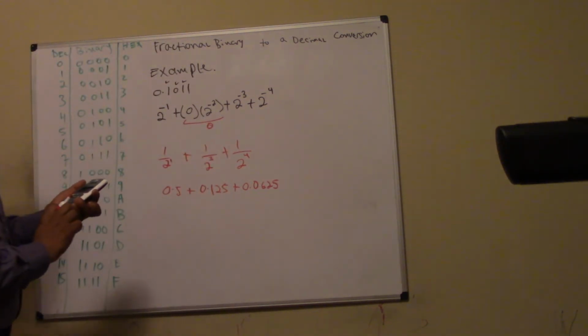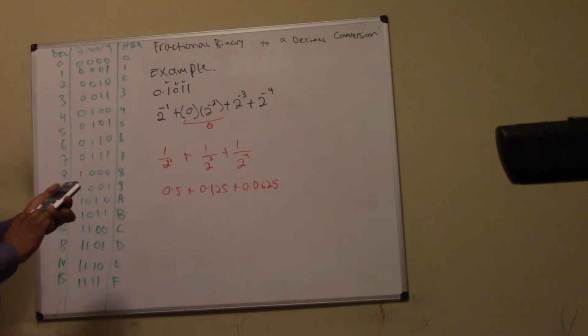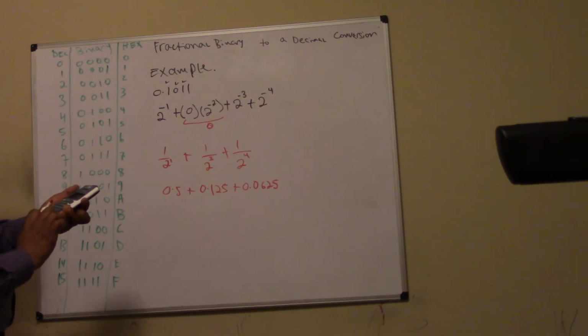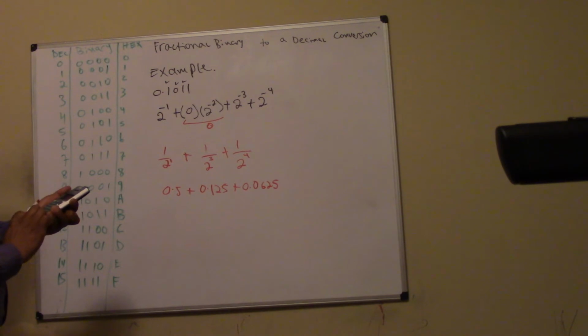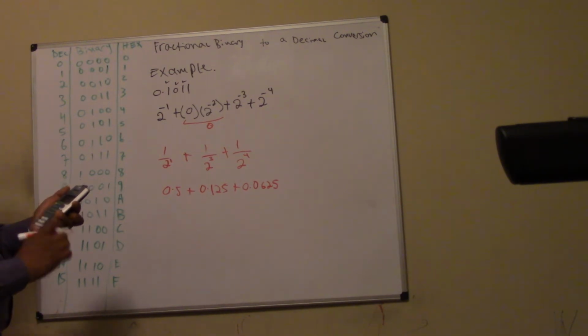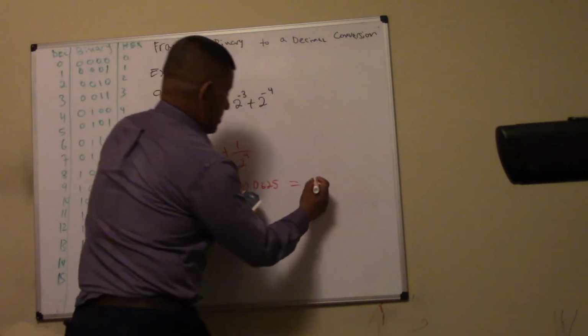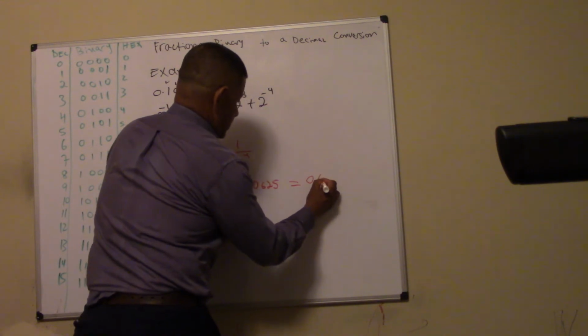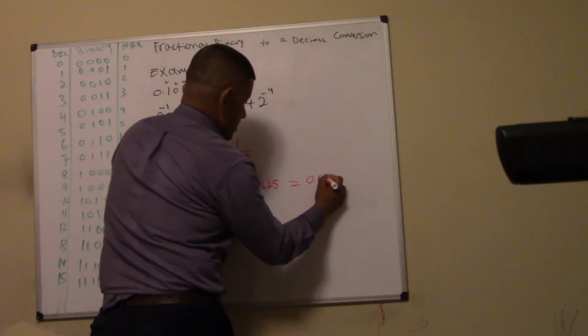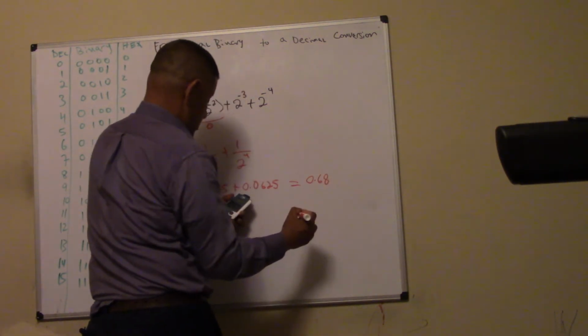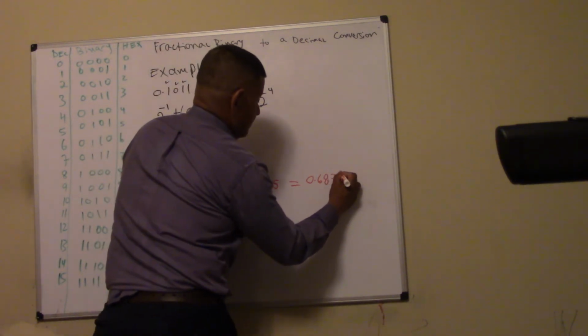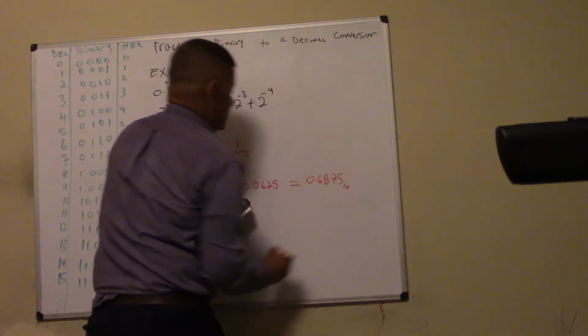Now you add those numbers, and that is equal to 0.6875 base 10.